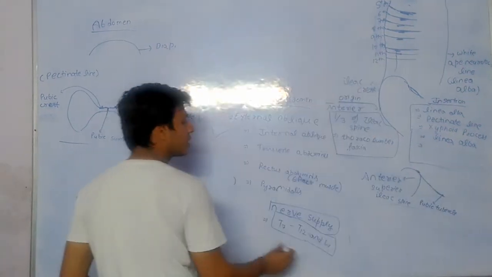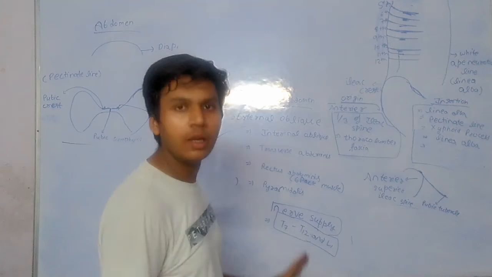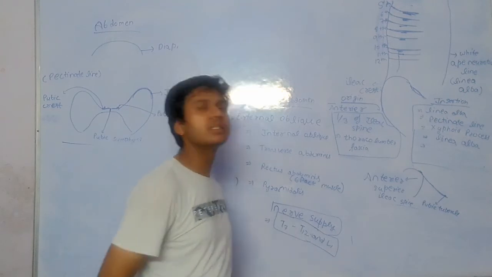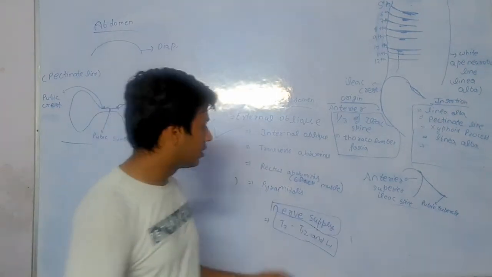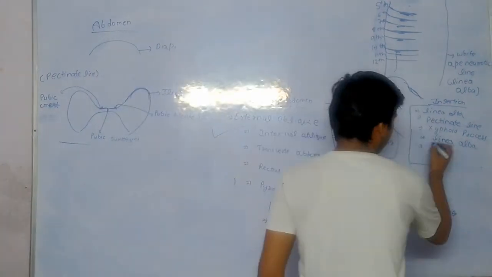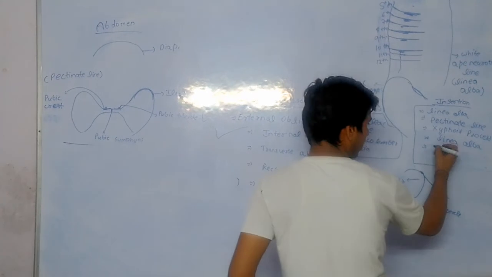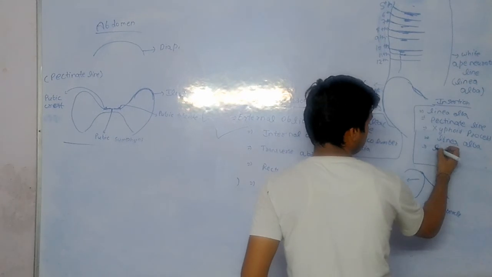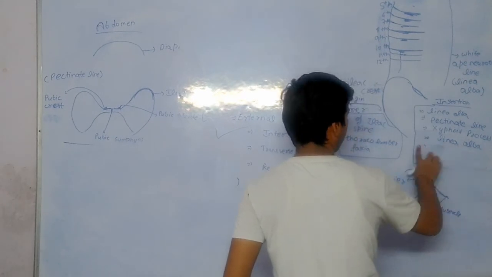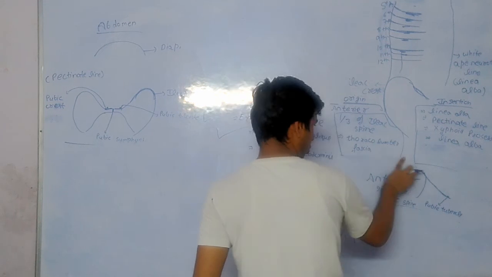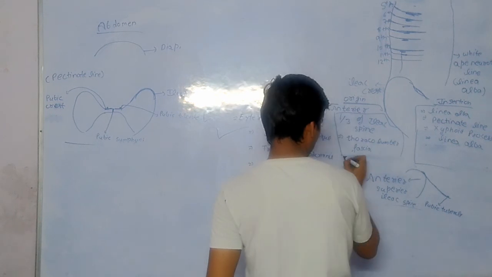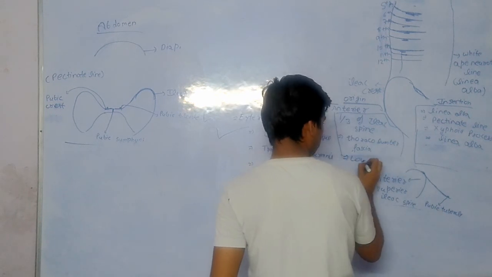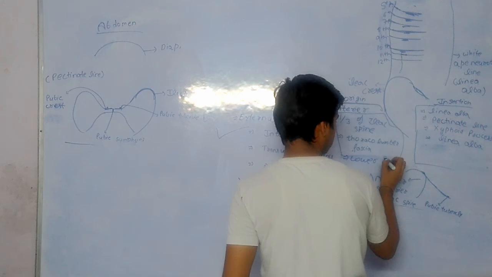Nerve supply is the same: T7 to T12 and L1. These are the same points. It also has insertion. The origin point is also the lower 6 ribs.